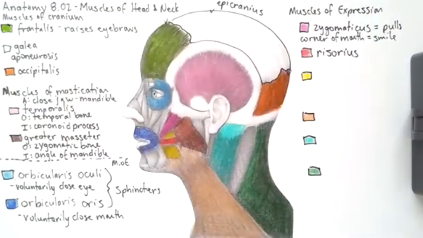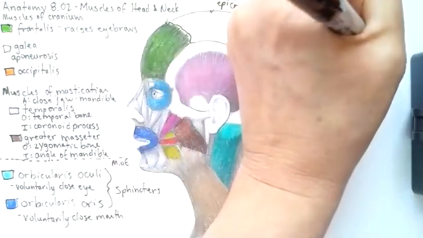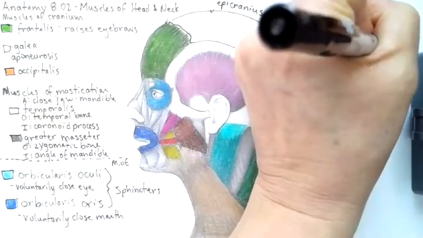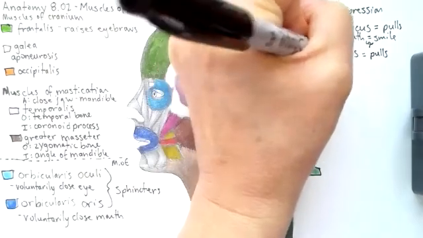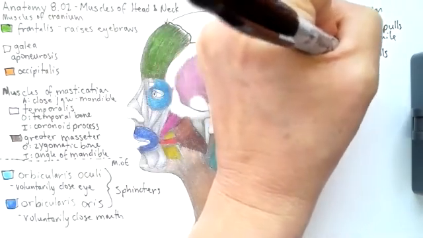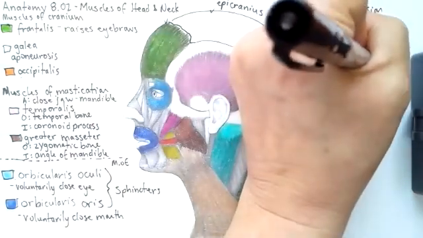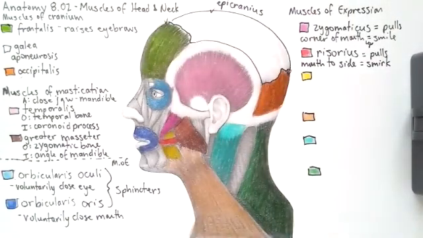And this pulls the corner of the mouth to the side. When you do that, people will say you're smirking. They'll say, oh, that's a smirk. And so we talk about this being a muscle that causes you to smirk.